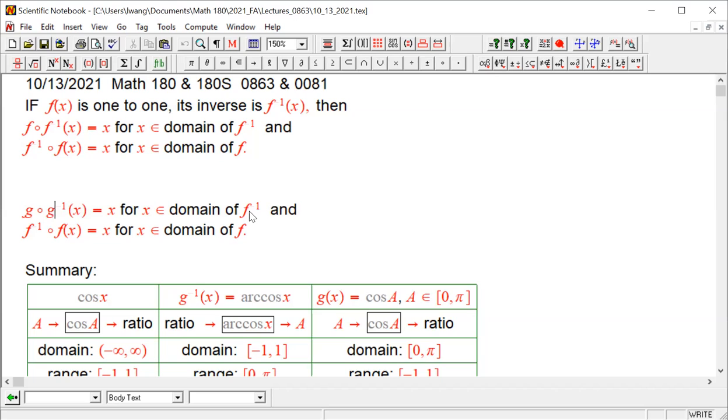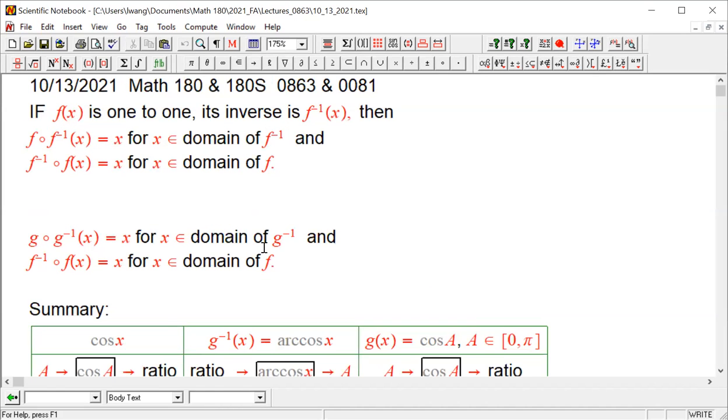And for the domain of G inverse, okay, let me get it larger. This software is not consistent. Sometimes it shows the little -1 sign, sometimes it does not. It doesn't matter. But anyway, you guys see the sign here, right?